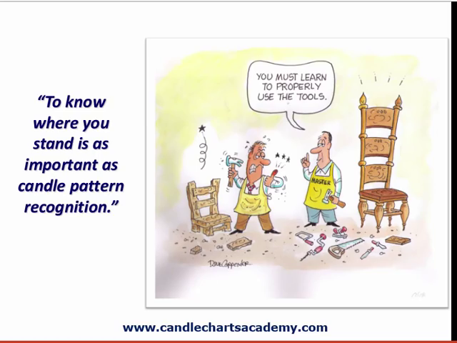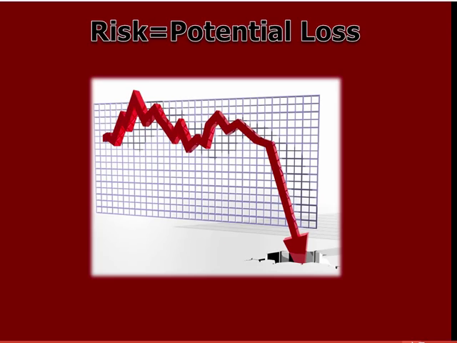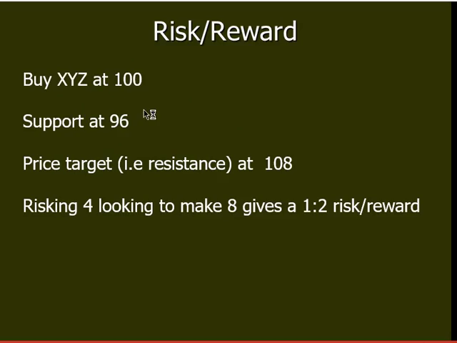and in this case we're looking at the crack and snap, you always have to take into account risk reward, a vital trading concept. So let's refresh your memory what risk reward is. Reward is your profit potential, whatever your target is, and risk is the potential loss, whatever your stop out level is. So risk reward, if you say you're buying a market at 100, your support at 96.